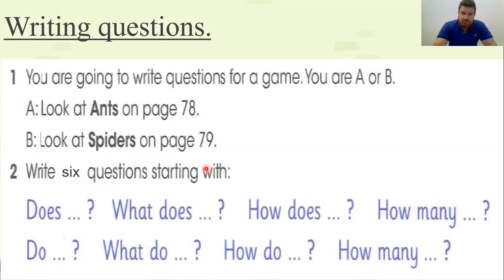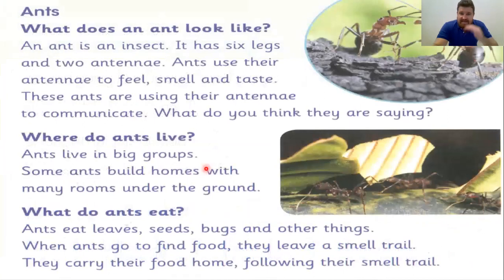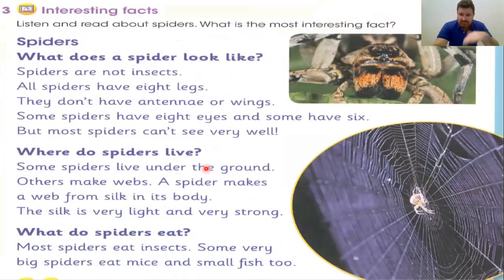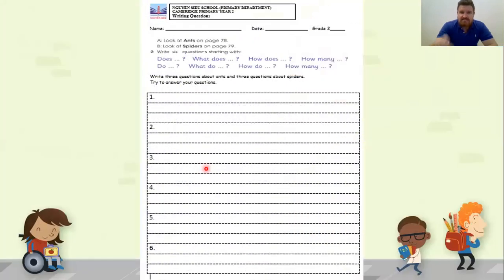Okay, so you will read ants again, and you will read spiders again, and you will make 6 questions on the worksheet that Teacher Shelto has given to your parents to give to you. You will write the question with the question mark and then you try to answer.